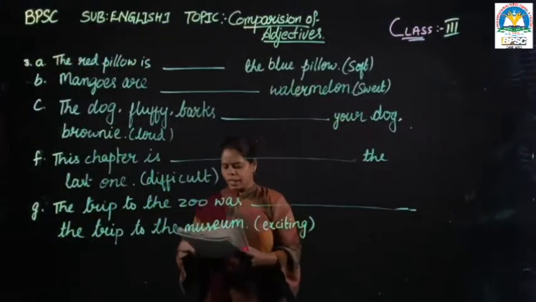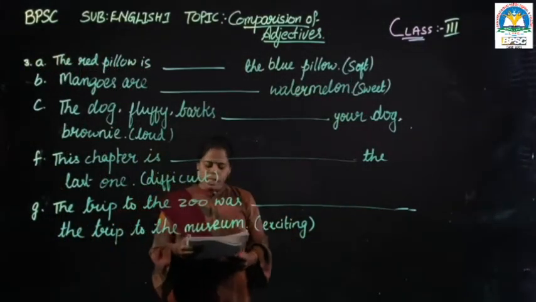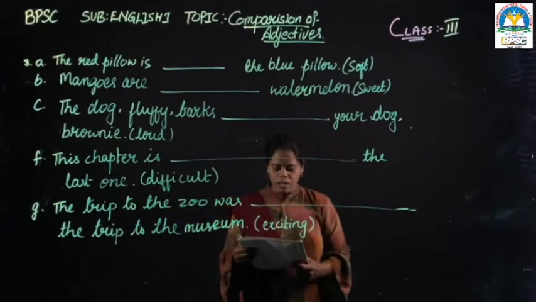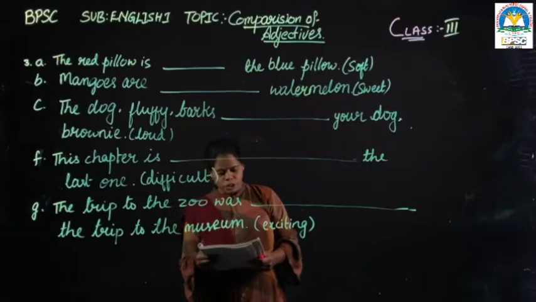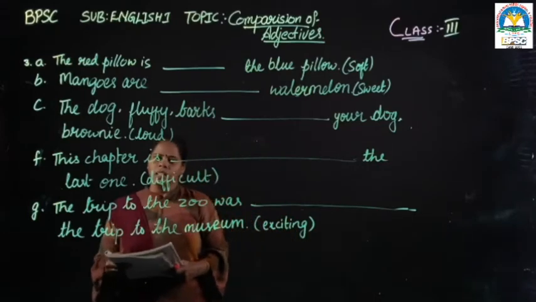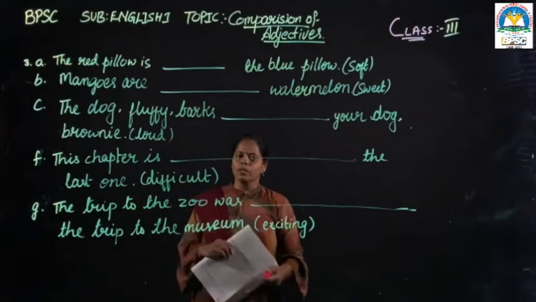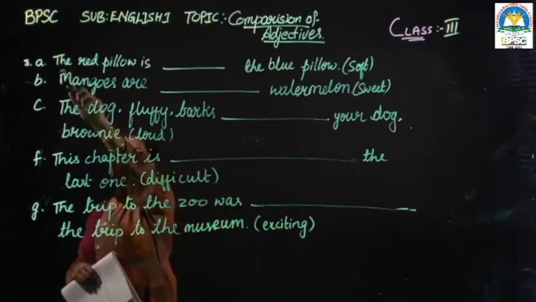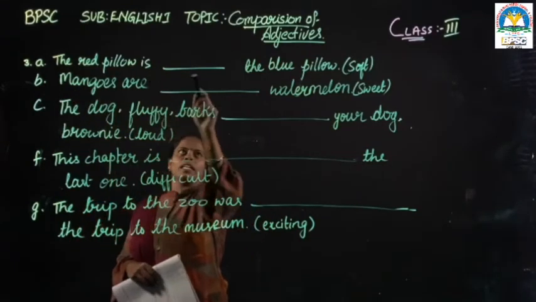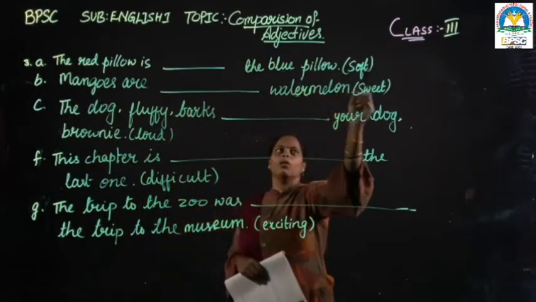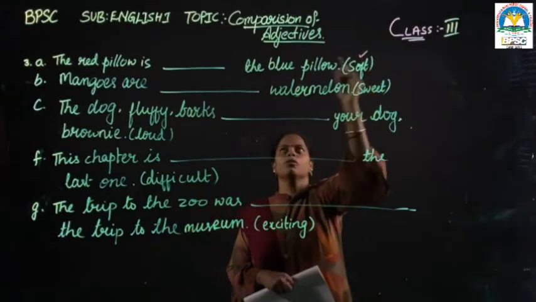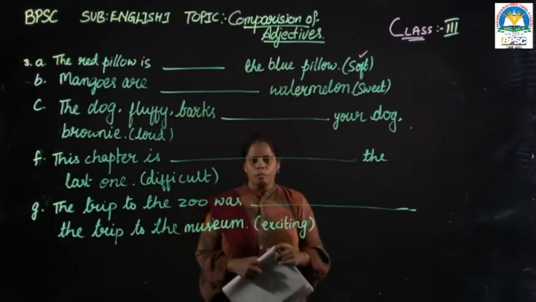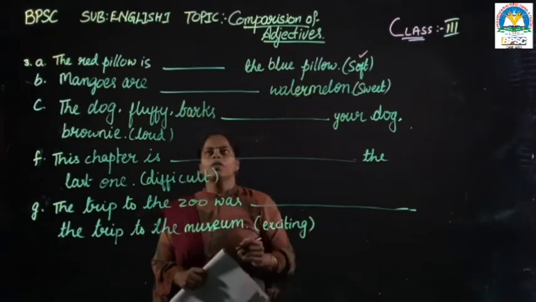Okay, next heading number 3. Complete these sentences by using adjectives of comparison and then add than after the adjectives. One has been done for you. I will show you. The red pillow is dash the blue pillow. Here in the brackets they have given which adjective you have to use in the blanks. Soft. So what do you have to write?